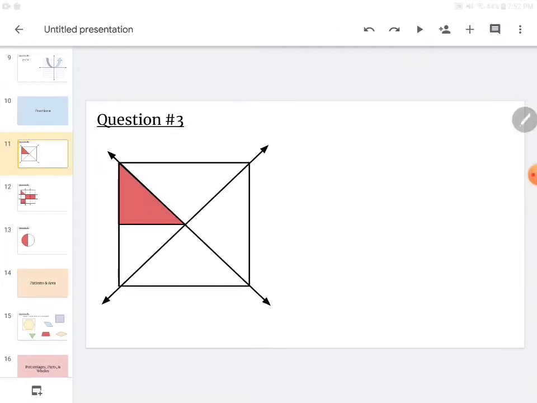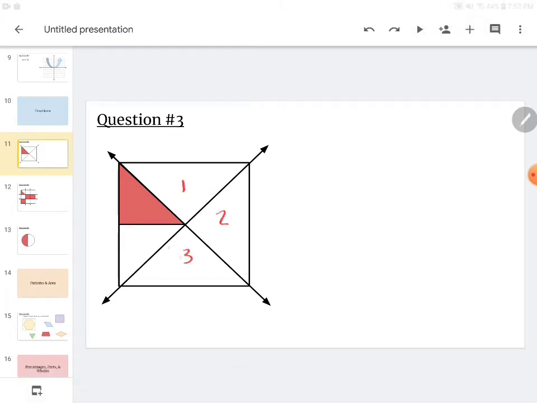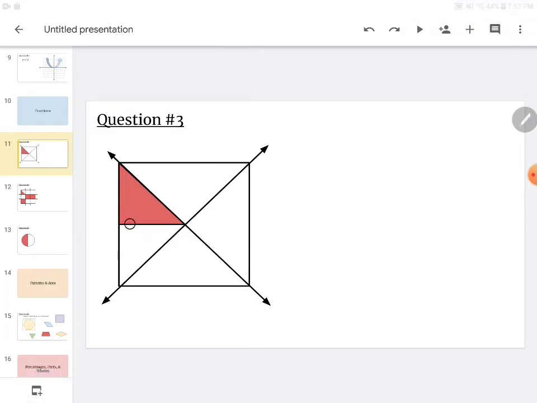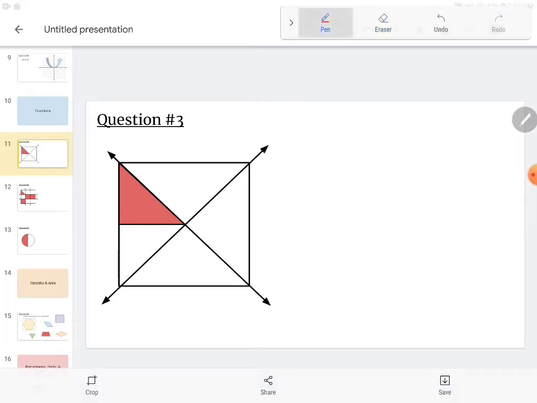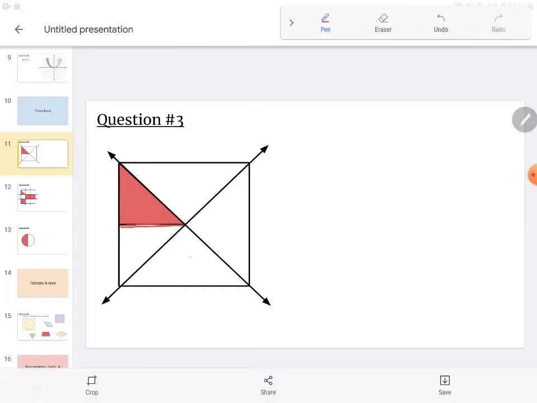Now, what I like to do personally, we already know that our square is split into 4 equal sections. We have 1, 2, 3, and 4 if you put these two triangles together. So now what I'd like to do is we already know we have one of our sections split in half, and half of that is shaded.